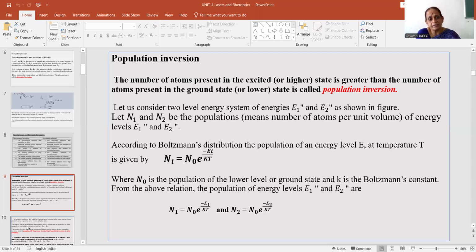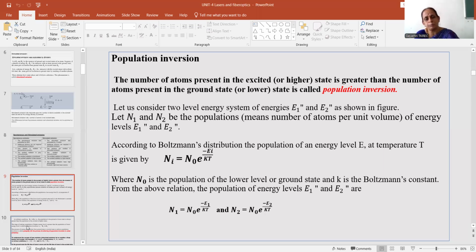Now, N1 and N2 be the populations of ground state and higher energy state, that are energy states we considered as E1 and E2. Now, according to the general Boltzmann distribution of population, whose energy is E at a temperature T, it is given by Ni equals N0 into e power minus Ei by kT, where N0 is the population of ground state and k is the Boltzmann constant.